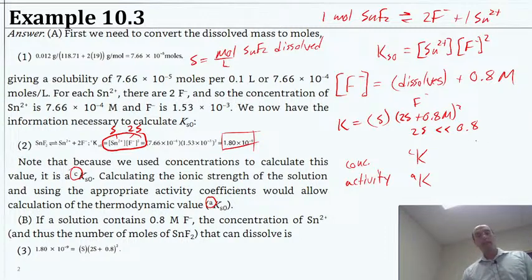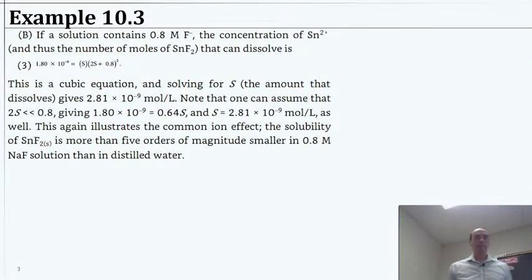So given that, we can actually simplify it quite a bit and say this is kind of like S times 0.8 squared, because that's approximately 0, relatively.